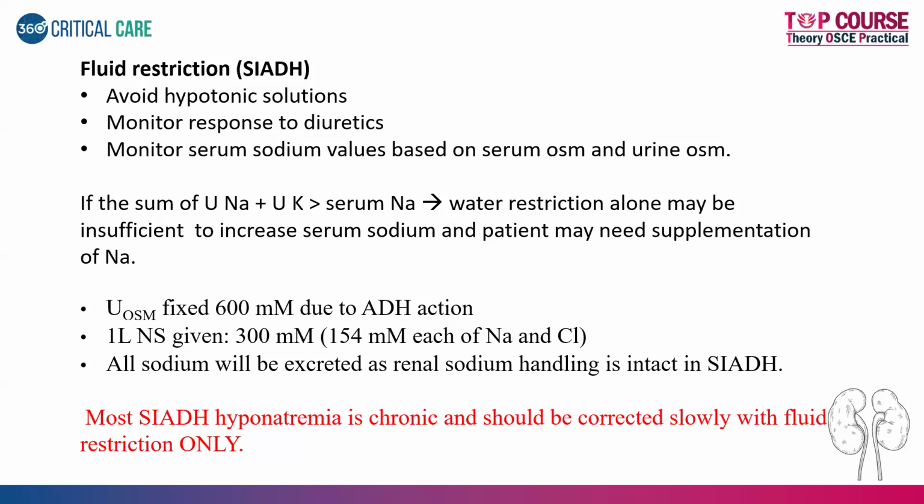If you see that the sum of the urinary sodium and urinary potassium is more than the serum sodium, water restriction alone might not be sufficient. So usually along with water restriction, you need to give some supplementation of sodium to these patients. In patients with SIADH, urinary osmoles are usually fixed because of the ADH action; the osmolarity doesn't go more than 600 millimoles per liter.